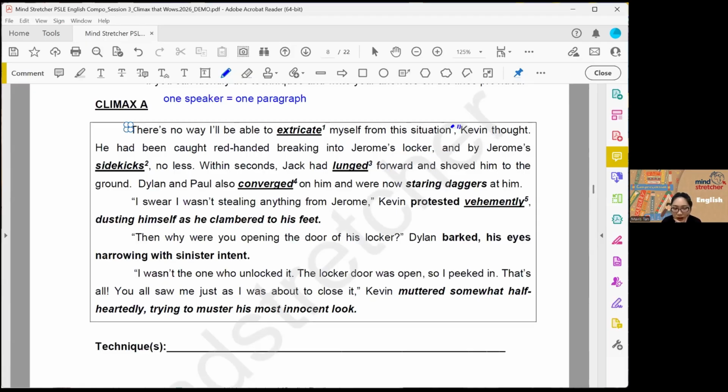There are a few things that are happening here. In the next 30 seconds, can you mark out what exactly you see in this paragraph? Is it an action? Is it an expression? Is it a simile? What is it?